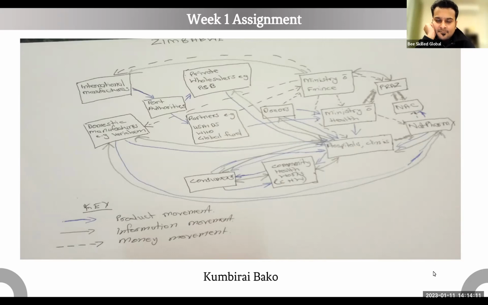Also I illustrated how the money moves from the Ministry of Finance to the Ministry of Health, and how it is used until we receive our products at district levels or at clinics as they go through to the customers. So the main issue: I described the movement of the product, information and money within the supply chain of medical products and services.